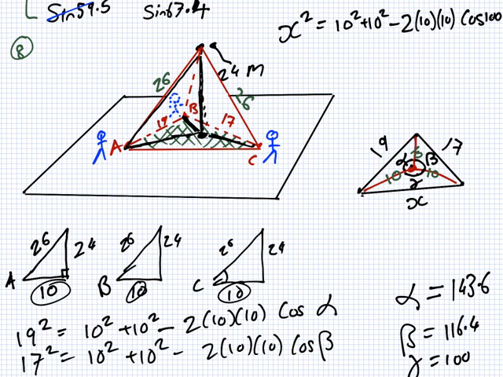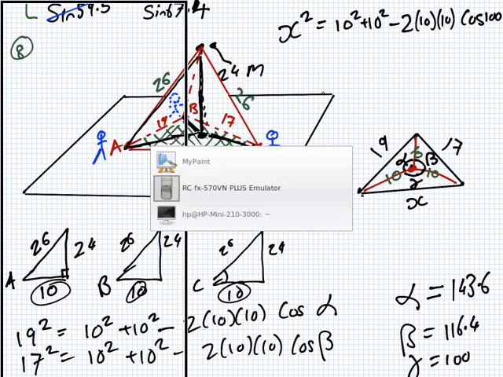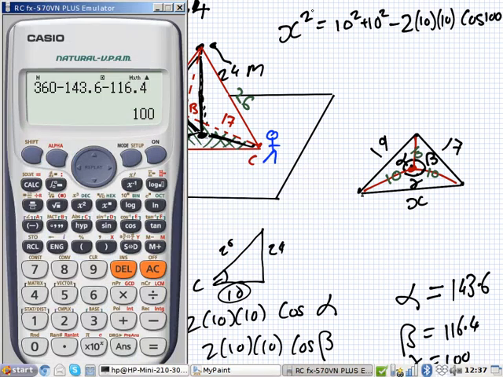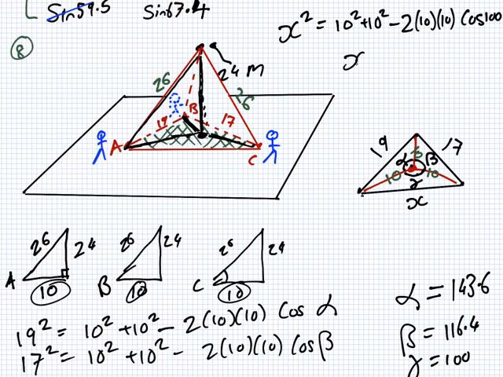No. Oh, gamma! I thought you were speaking Chinese. You're just speaking Greek. Okay. x squared equals 10 squared plus 10 squared minus twice 10 times 10 cos 100. Square root: answer 15.3, to the nearest meter, 15.